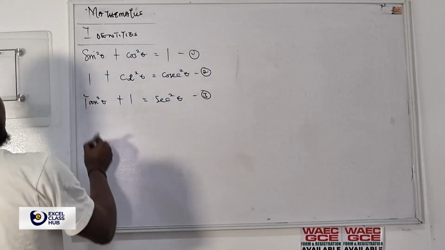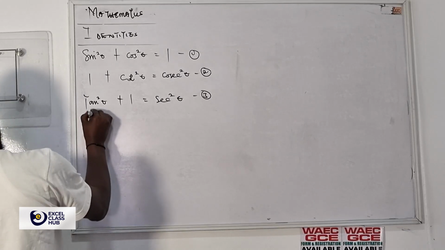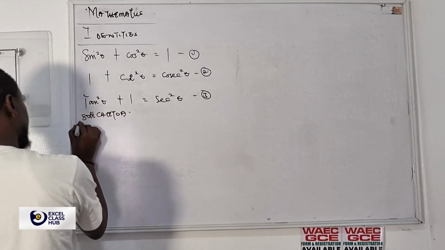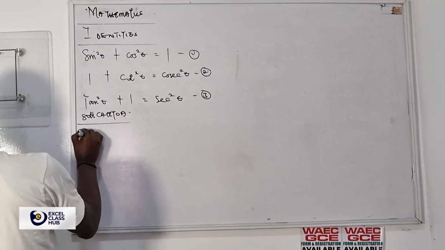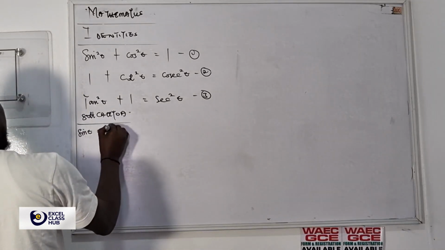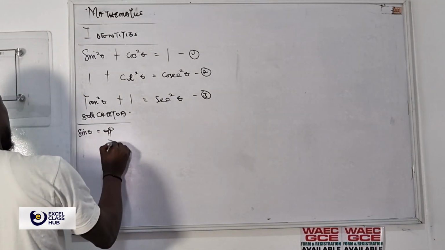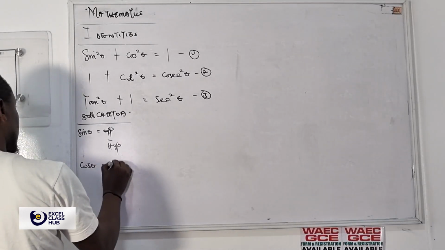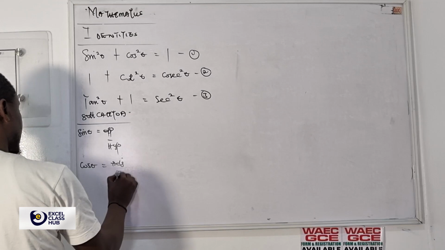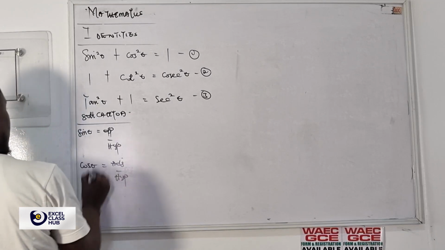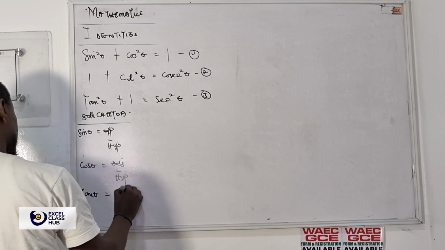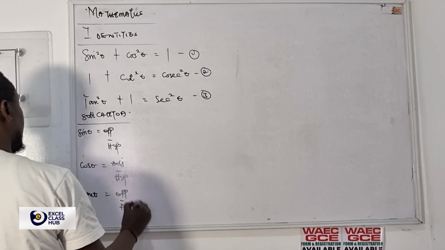But please don't forget, based on your SOHCAHTOA, we said sin θ equals opposite over hypotenuse. Next one is cos θ, adjacent over hypotenuse. The last one is tan θ, opposite over adjacent.